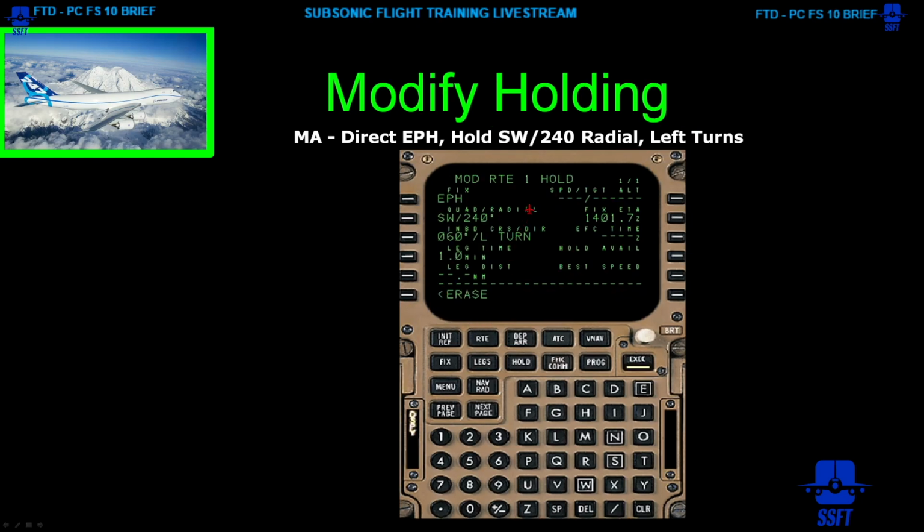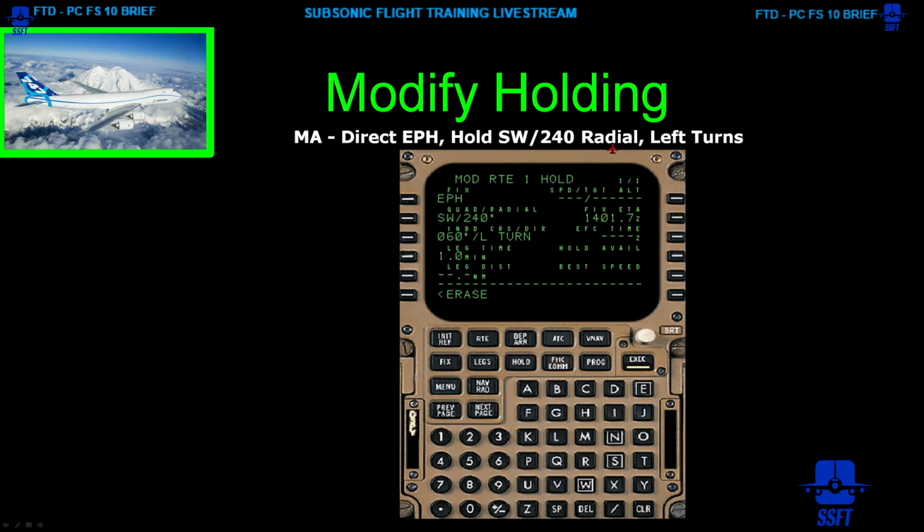And then, of course, the clearance is going to be to hold southwest on the 240 radial, left turns. Well, they've already done that. So what they've done is they've put 240 in the scratch pad, and they've line selected that to L2. And because you can specify a holding pattern like we talked about as a radial or as an inbound course, either one.